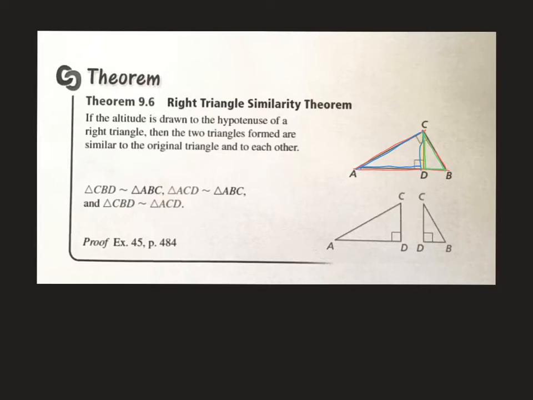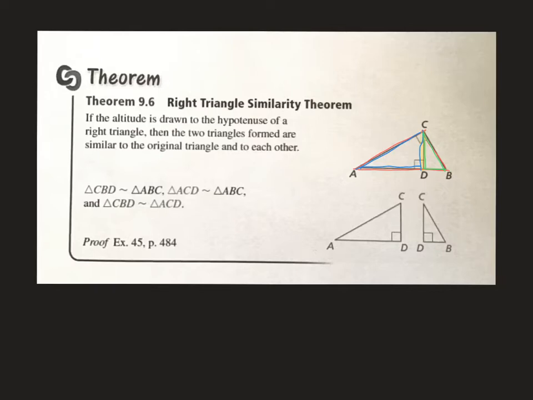So we now have 3 triangles. We can split those apart to make it a little bit easier to look at. But the key with this is going to be matching up your corresponding sides or your corresponding angles. Mostly sides. We're mostly going to be looking at sides here.